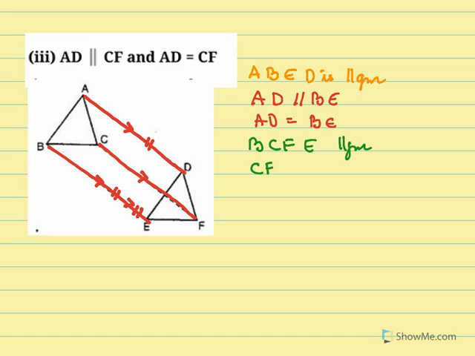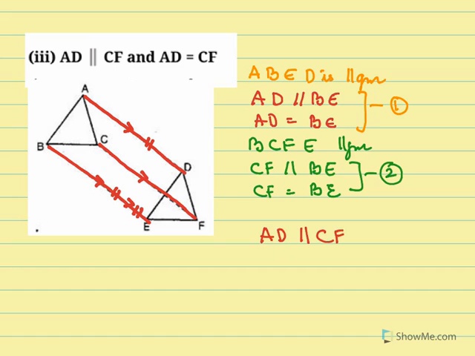Now we said CF parallel to BE and CF equal to BE. This we had written as equation 1 and this we wrote as equation 2. Now when we compare both these equations, we can say that AD is parallel to CF and AD is equal to CF from 1 and 2.